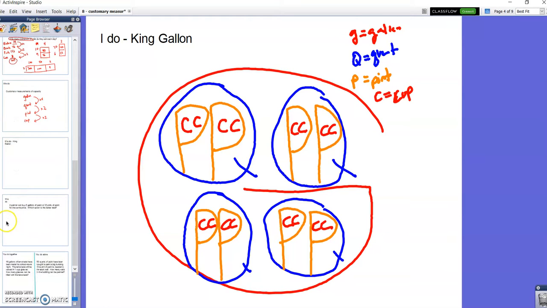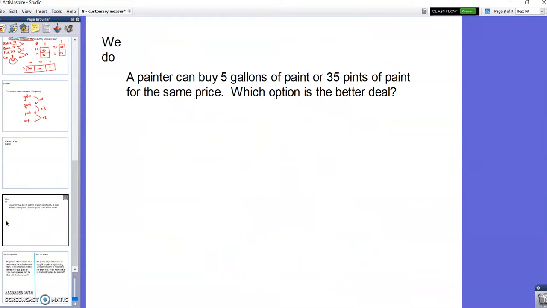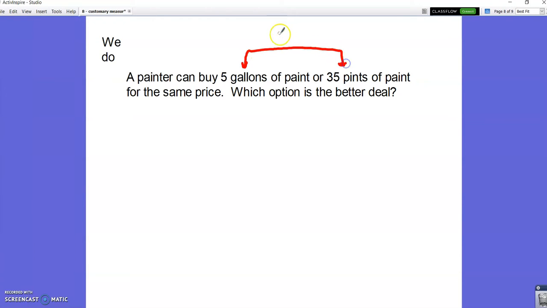Okay. And last but not least, let's do a problem together. A painter can buy 5 gallons of paint or 35 pints of paint for the same price. Which option is the better deal? Well, awfully hard to compare because we have different units.